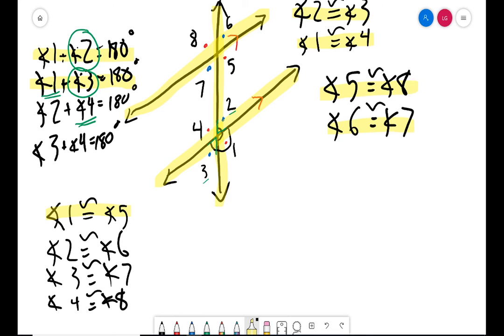So what's coming out here, and hopefully you're seeing it, is all of the angles that I marked with the red dot are congruent to each other for different reasons, right? Some for supplemental to the same angle, some for parallel lines.